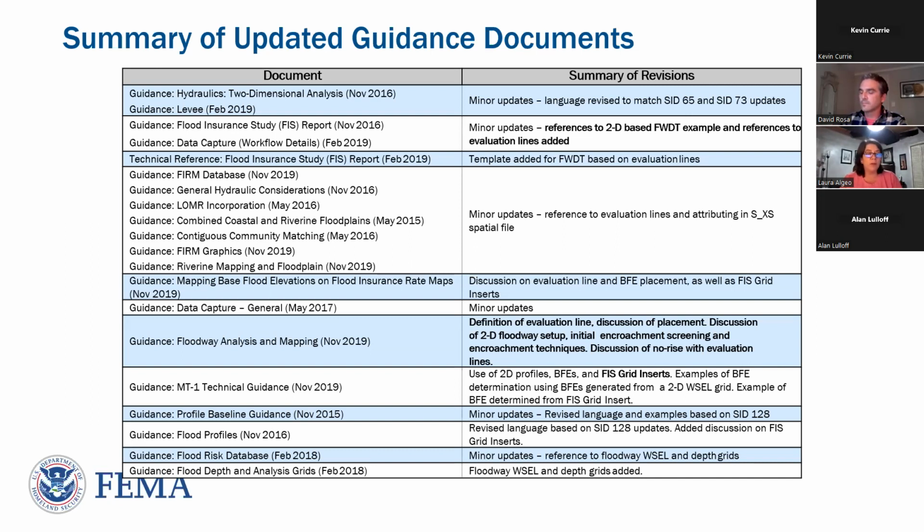Also, down in the floodway analysis and mapping guidance, you can see the definition of the evaluation line, discussion of where you place it, discussion of how you do the setup, initial encroachment screening and encroachment techniques, and how you can look at doing a no-rise with evaluation lines and how that might play out. And then also under the technical guidance, there's more information related to those FIS flood insurance study grid inserts. So looking at, instead of profiles, being able to use these inserts that might replace those profiles as another tool for your local community.